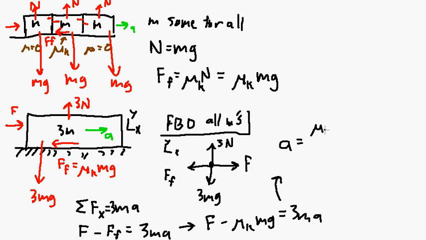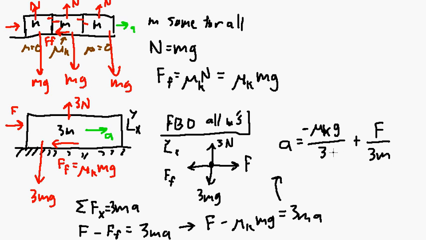We can say a equals negative mu k g over 3, yeah, it's kind of ugly, plus F over 3m.